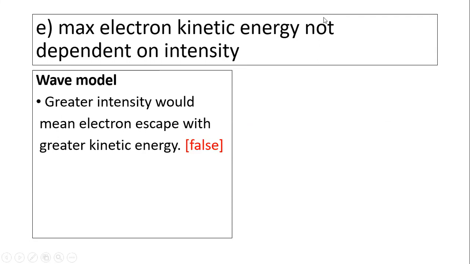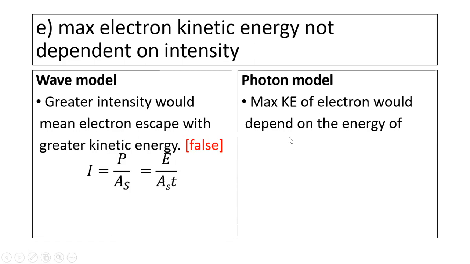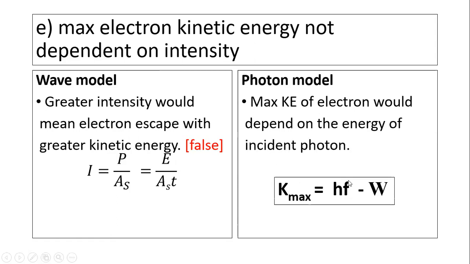That's the maximum kinetic energy. In the photon model, the maximum kinetic energy of the electron would depend on the energy of the incident photon. That's the equation. That maximum kinetic energy depends on the frequency. That's all.